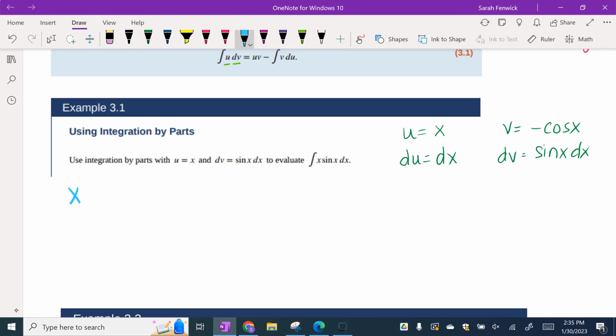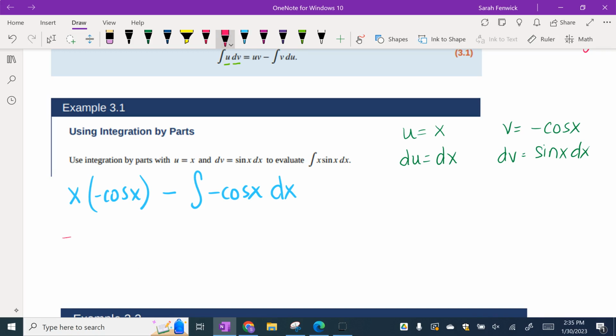We worked backwards. So now you rewrite your problem as u times v minus the integral of v du. A lot of times you're going to see where your u is a simple variable and your du is a dx, so it kind of takes that extra variable out.